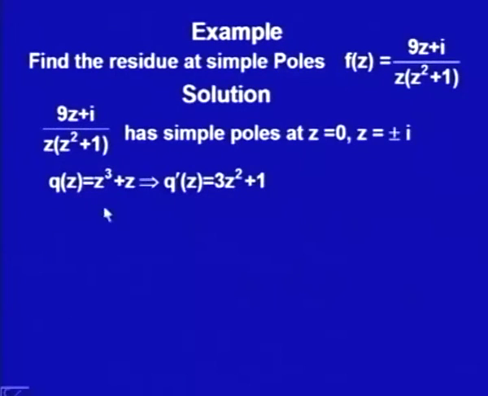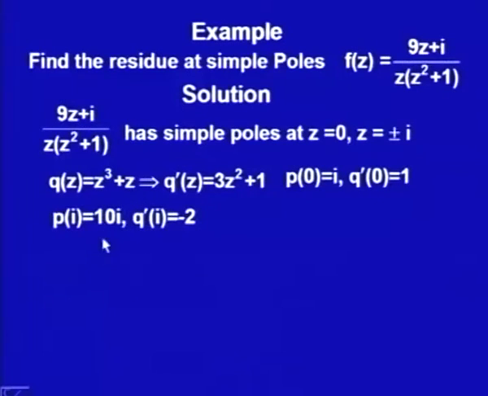So, q(z) is z cube plus z, and q dash z would be 3z squared plus 1. So, p(0) is i and q dash 0 is 1 here. So, at z equal to 0, p(z) is not 0, all these conditions are satisfied.